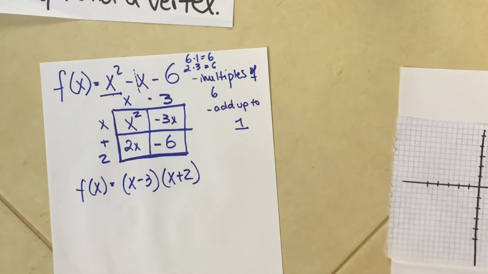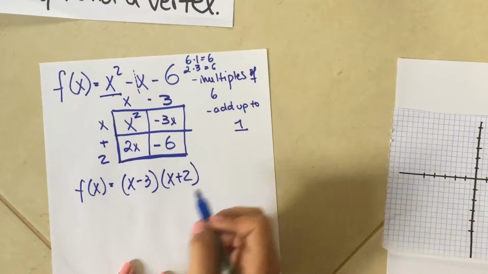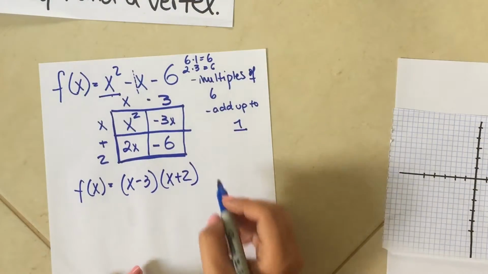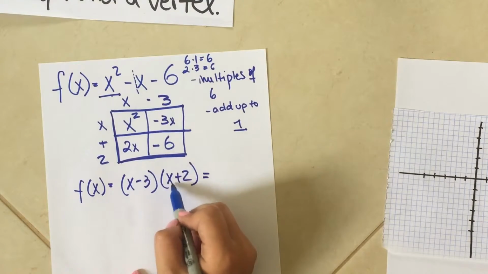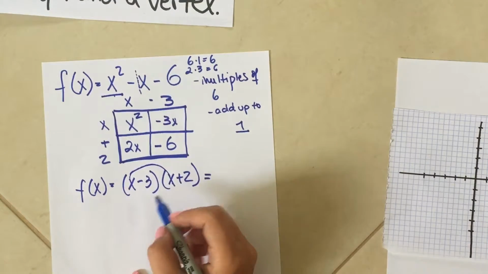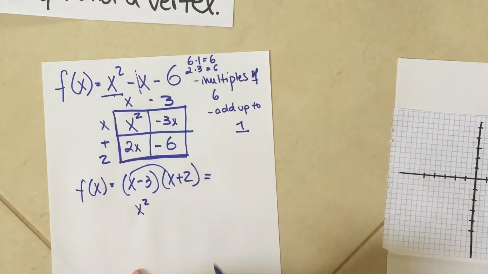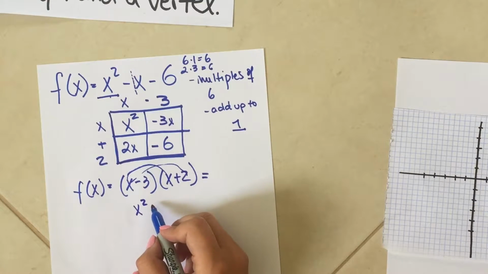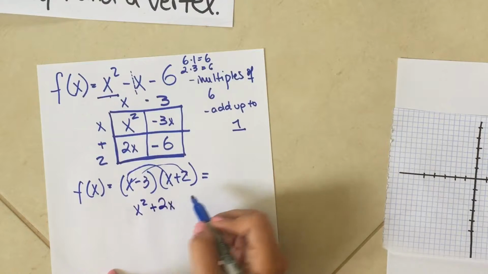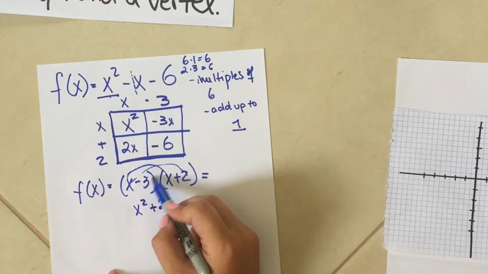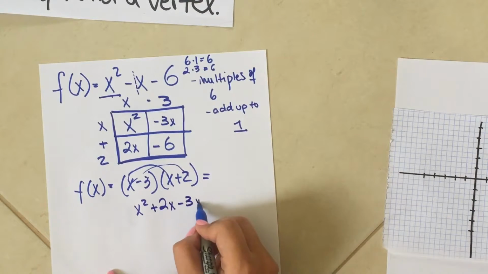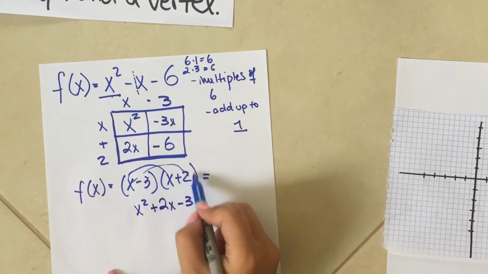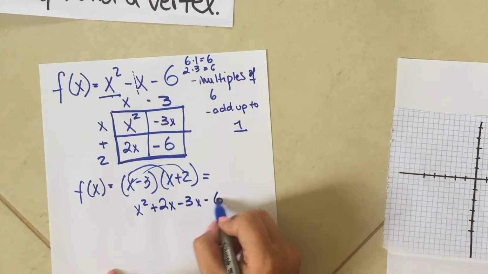And the way we can check it is by doing the jumping the fence method. So x times x is x squared, x times 2 is plus 2x. Now -3 times x is -3x, and -3 times 2 is -6.